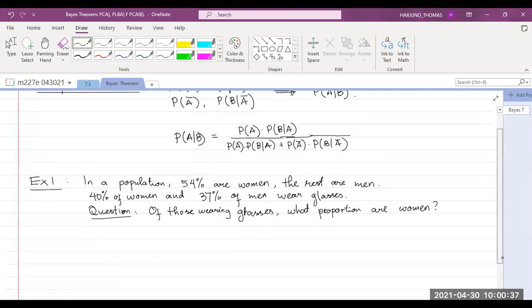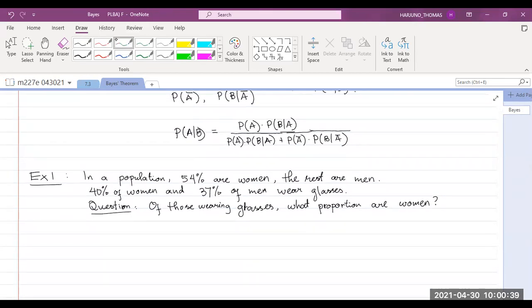Okay, now let's formalize this first. The population proportion of women, or the probability a randomly selected person is a woman, is 54%. Probability of men, therefore, for the sake of simplicity in my class, we will just use binary gender, women and men.